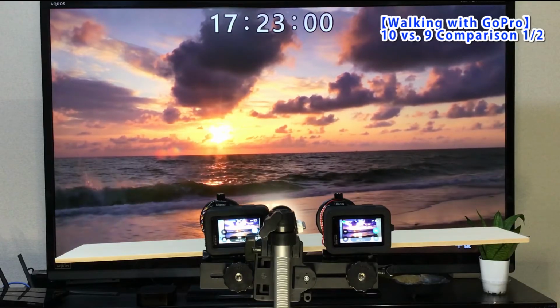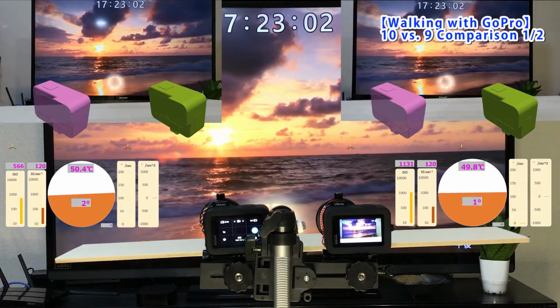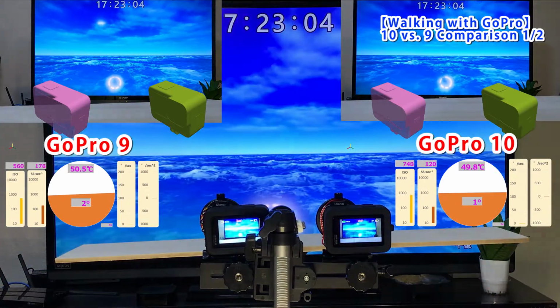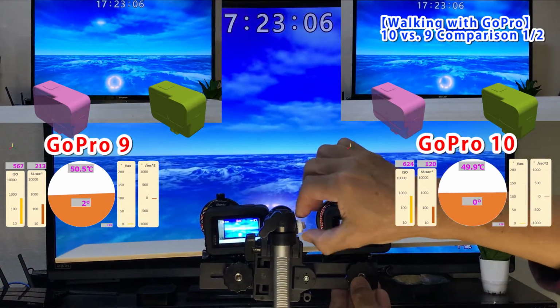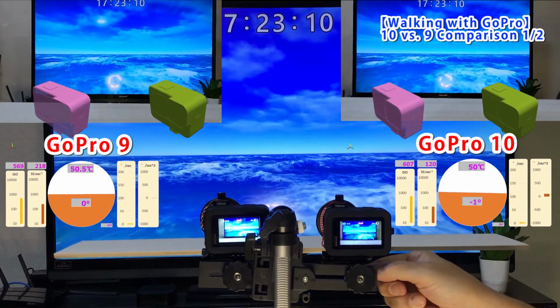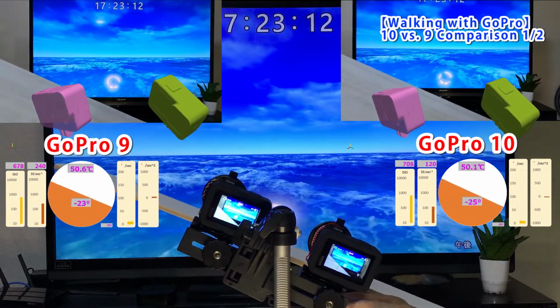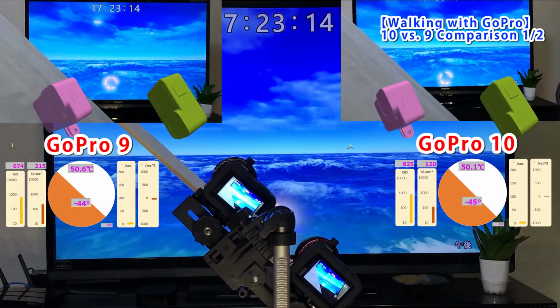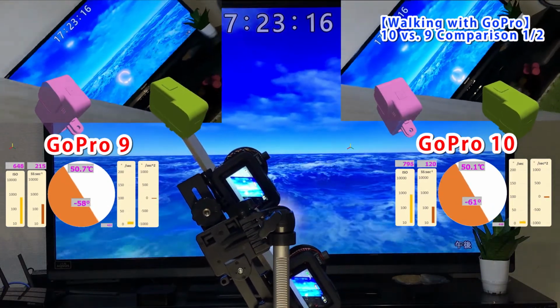Then, please look at the behavior of the LCD monitors as well. You can see the horizontal plate and the horizontal level gauge rotating at the same angle.